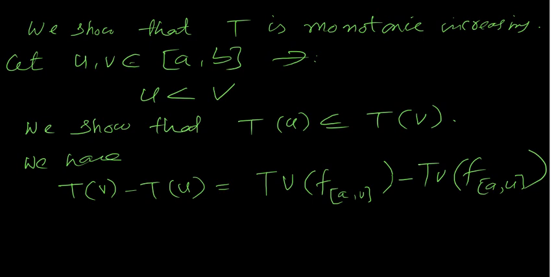And we show that this is positive actually. This number is a positive number. And this is actually the total variation over u to v.